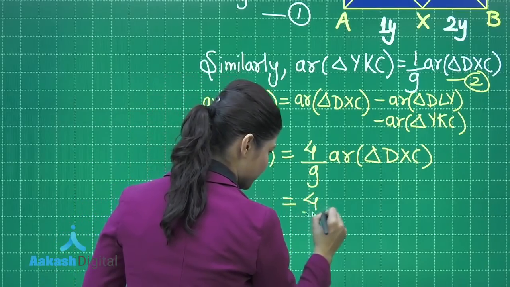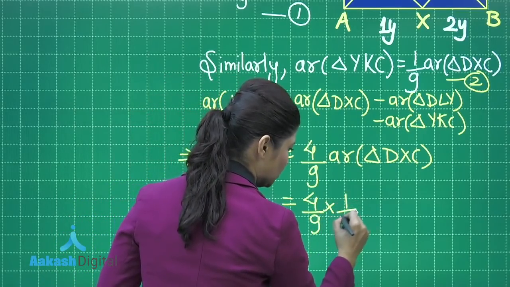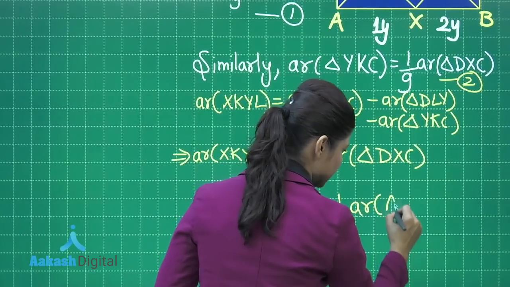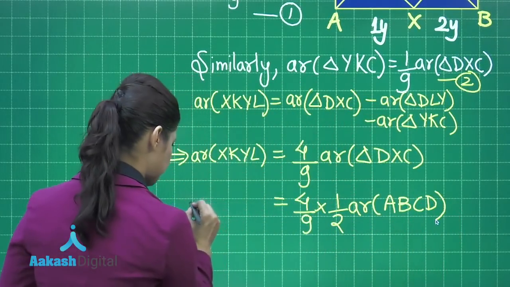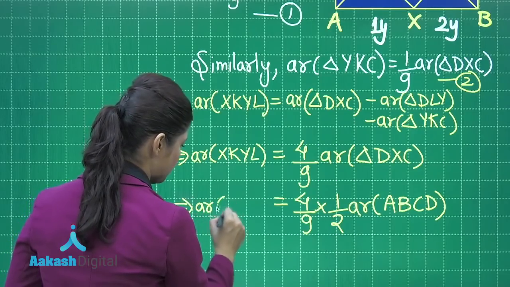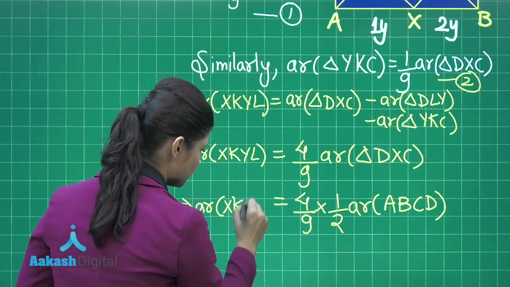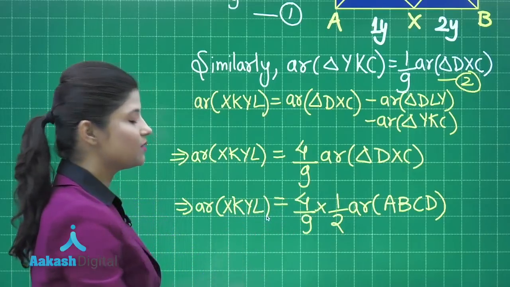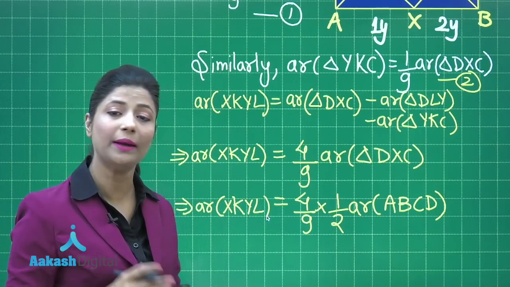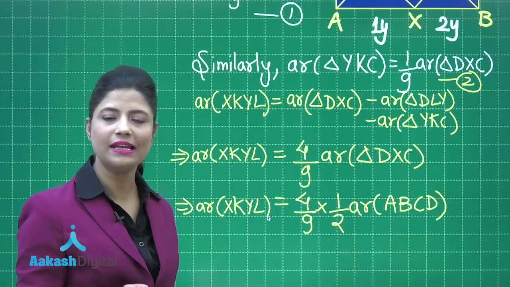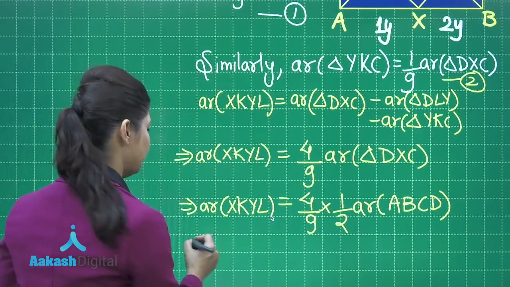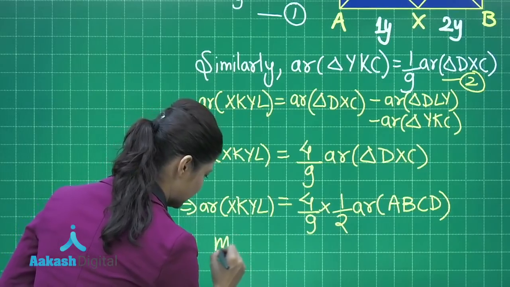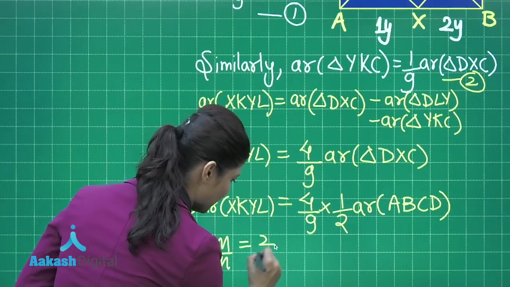So this is 4 upon 9 times half of area of ABCD, because DXC is half of the area of ABCD. So here you get this relationship. Here when you transpose this ABCD to the side, that gives you the ratio m upon n, because m upon n denotes the ratio of the area of XKYL and ABCD, and m upon n is obtained equal to 2 upon 9.